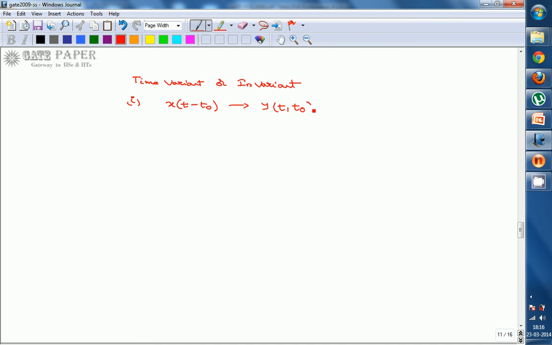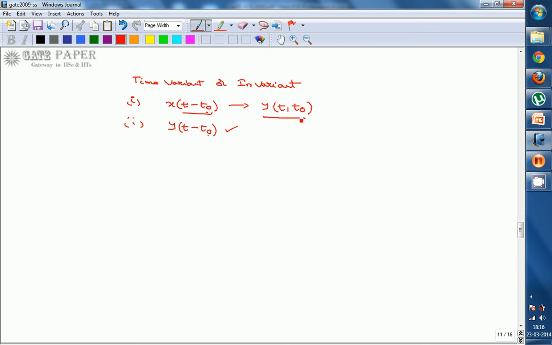We will represent it with y of t comma t naught. The second step is we apply the same amount of shift taken in the input to the output, then we find y of t minus t naught. This is the shifted output.